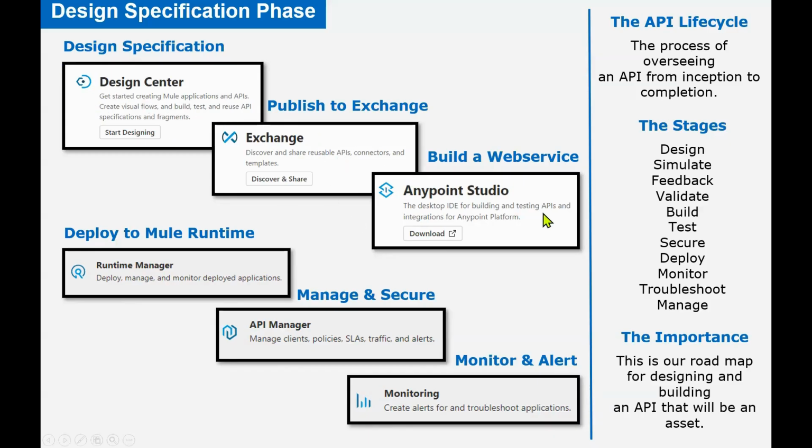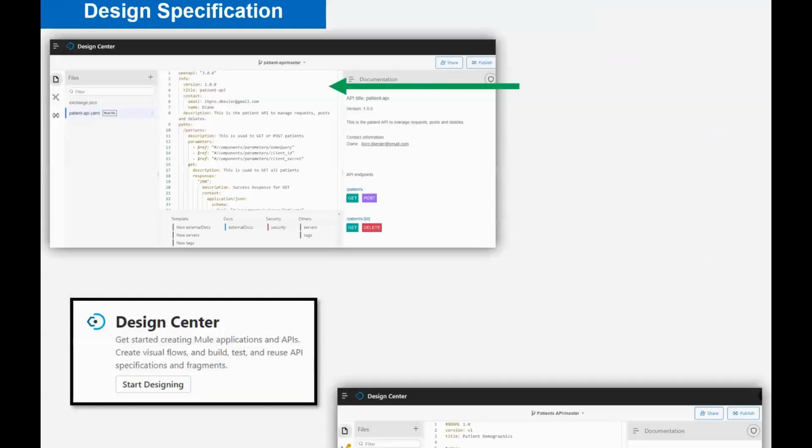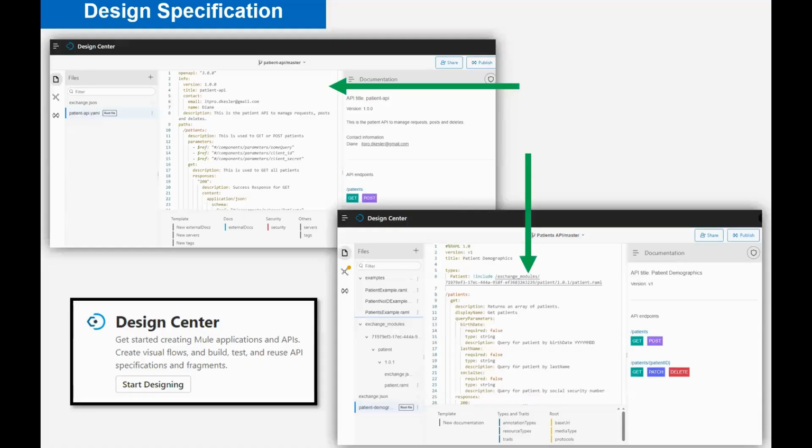Okay, so all of this is part of really what I like to call the first few steps of setting up our specification. So Design Center, creating our API specifications, and then from there, once we're satisfied, we can test it out, and we will end up bringing it into Studio.